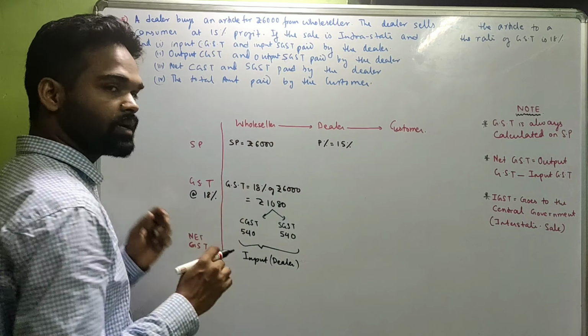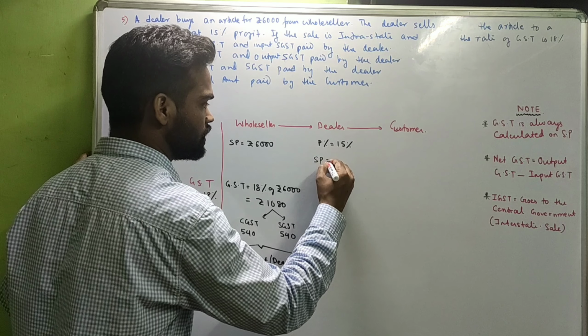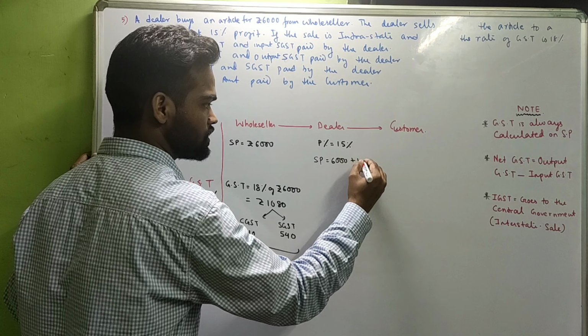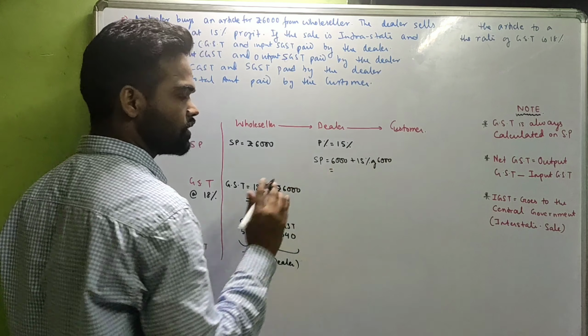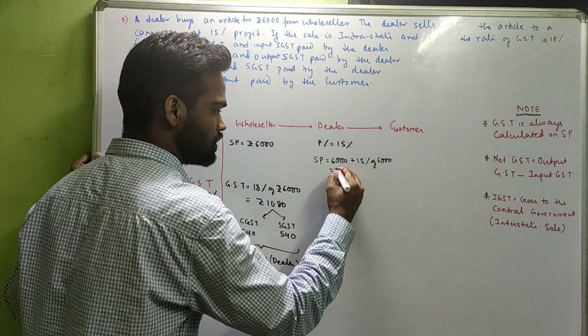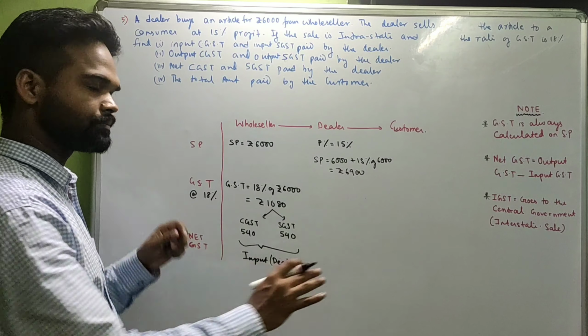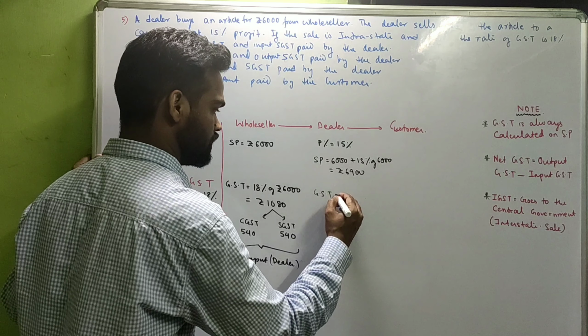Now look at the dealer case. He sells the product at a profit of 15%. So his SP will be the CP, which is 6,000, plus 15% of 6,000. Am I clear? Which is 900. So this will be rupees 6900. Now GST. GST is charged at a rate of 18%.